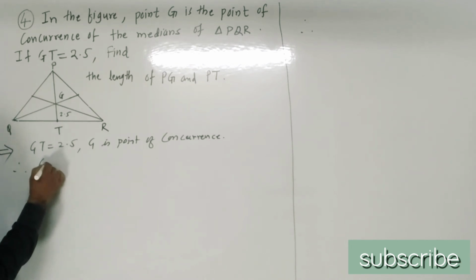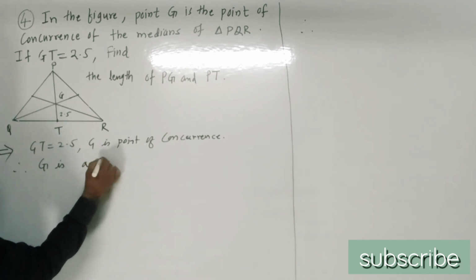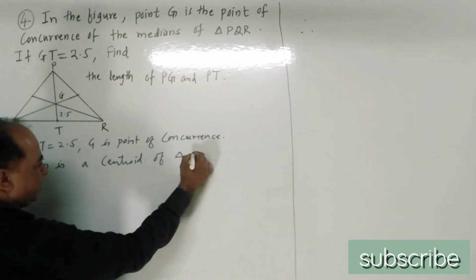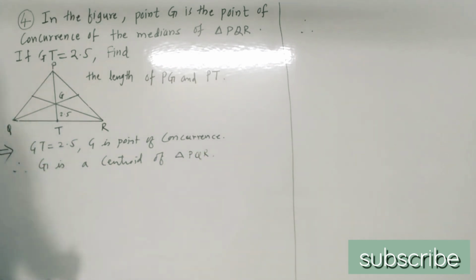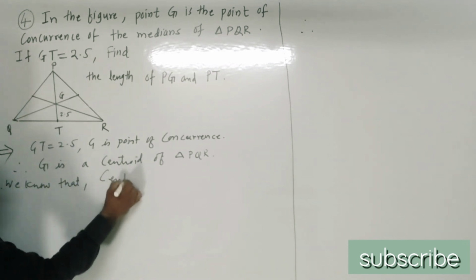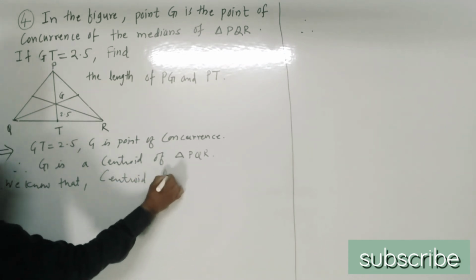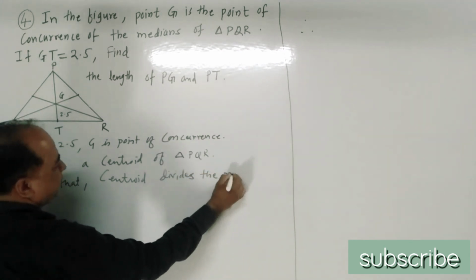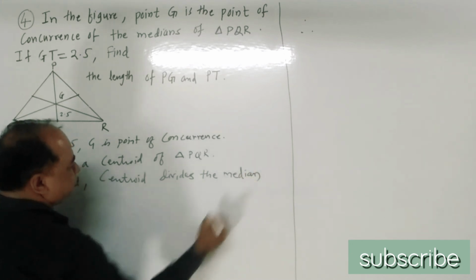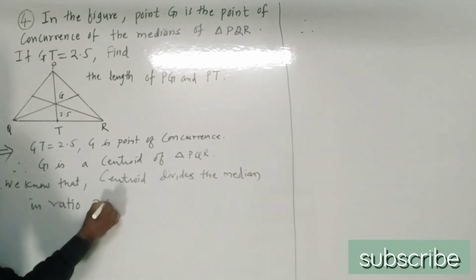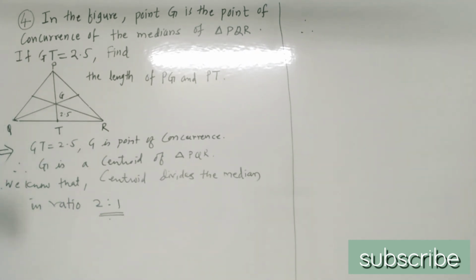Therefore, point G is the centroid of triangle PQR, and we know that the centroid divides the median in the ratio 2:1.